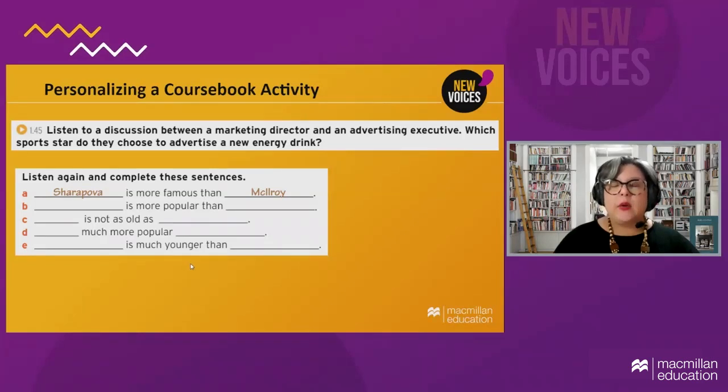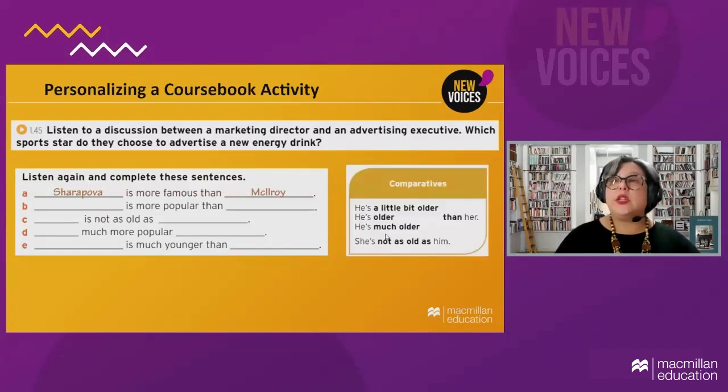As they are pre-intermediate students, they had the opportunity to study comparative forms in the past. They studied in the basic level. So here in the book is just a recap. And then we say, oh, take a look, a little bit older, much older, not as old as. All right, great, good. Now it's time to personalize.